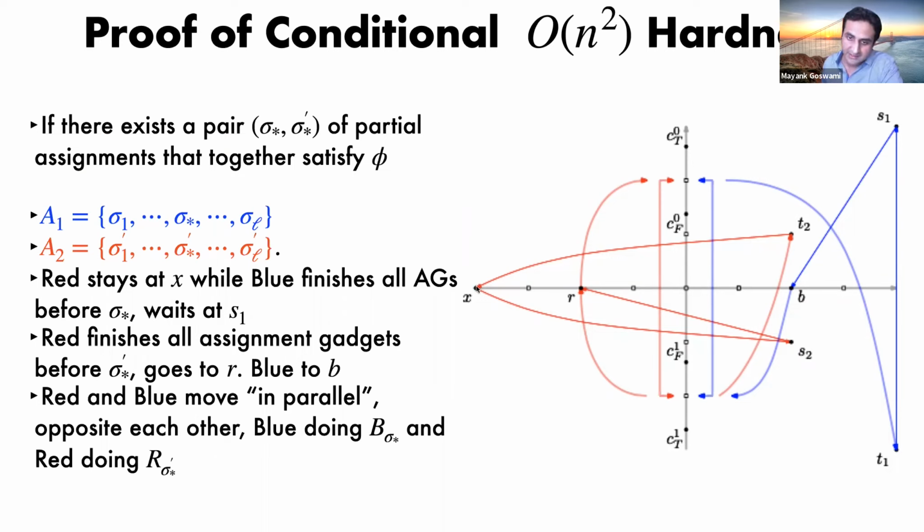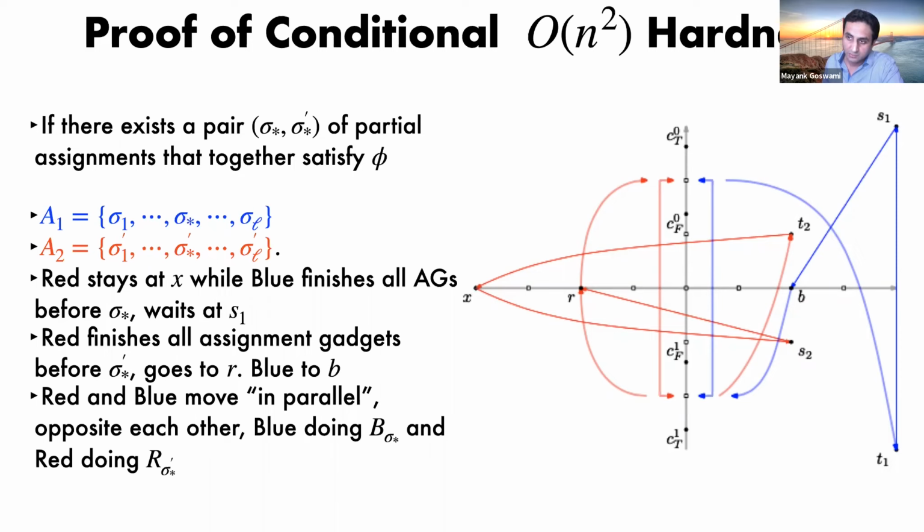Well, red stays at X while blue starts from S1, goes to B, and does all of the assignments that it has to do until it is just about to start the actual satisfying assignment. It doesn't start it; blue waits at S1. So blue has finished all of its useless assignments and it's waiting at S1. And in all this, it didn't come within distance 1 of red because red is staying here at X.